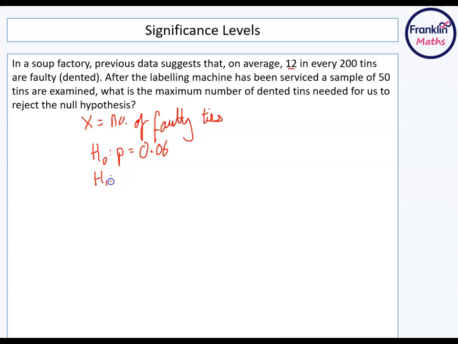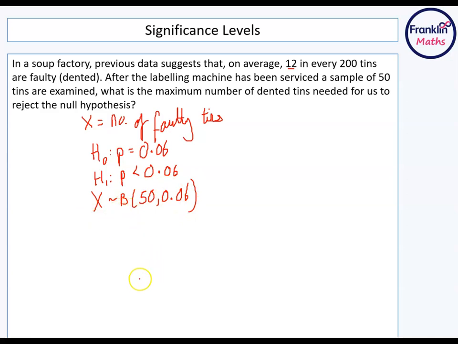H1: in this case I think we want to improve the number of tins which aren't dented. Okay, so we're going to try and find the critical region in this case. So X is binomial, n is going to be 50, p is going to be 0.06.